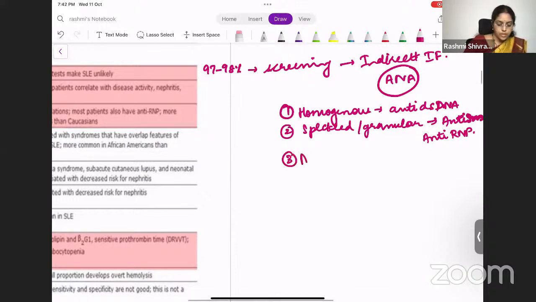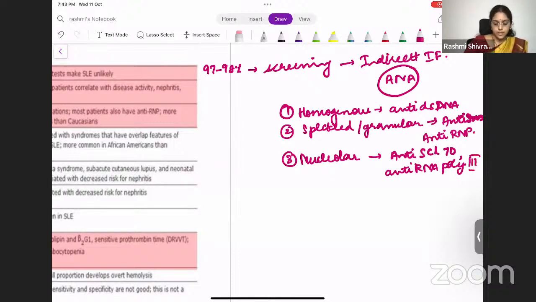Then the third one, nucleolar. When it stains the nucleolus inside the nucleus, what does it indicate? It is anti-Scl-70, anti-scleroderma antibody, or anti-RNA polymerase 3, right?